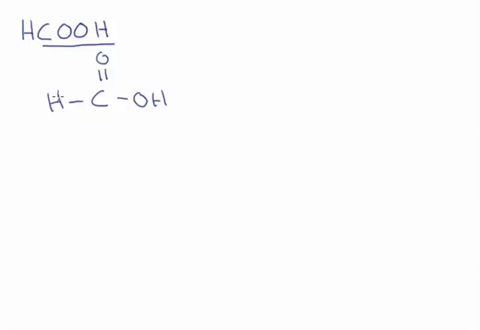This is on a chain of one carbon, so it's methane. To name this, we drop the E and add OIC: methanoic acid. This is commonly called formic acid.